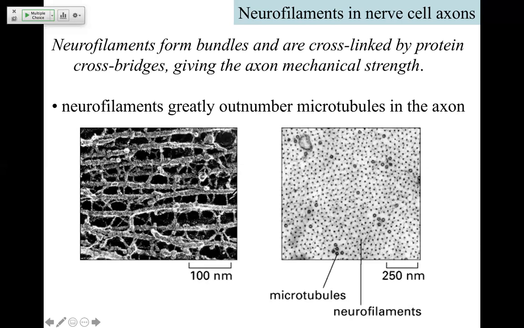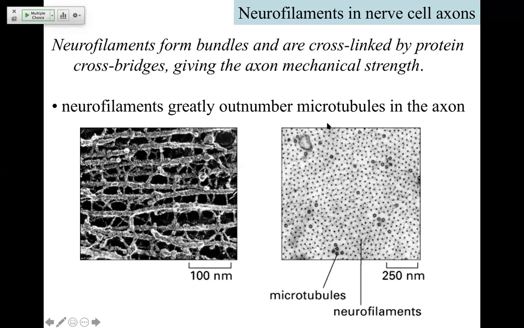They are cross-linked by cross bridges, and that could be covalent bonding, holding individual filaments next to individual filaments, and sometimes involves other proteins. This is going to give axons mechanical strength. Axons can be very, very long, and so the presence of neurofilaments gives them some structure and support.